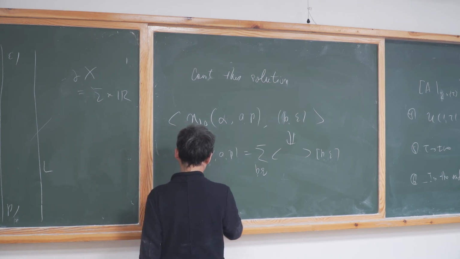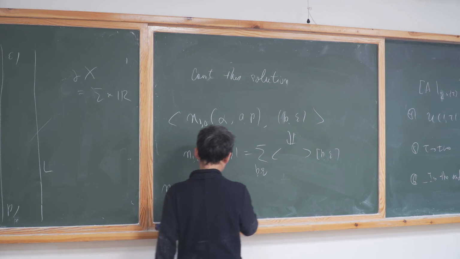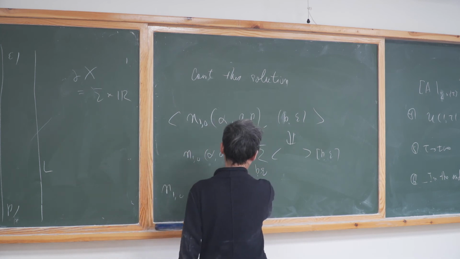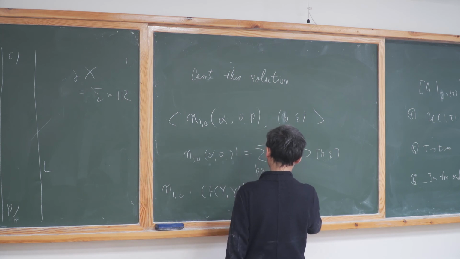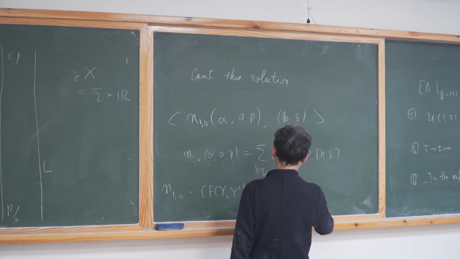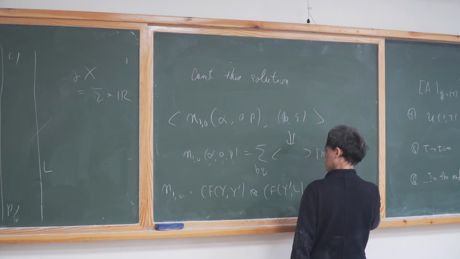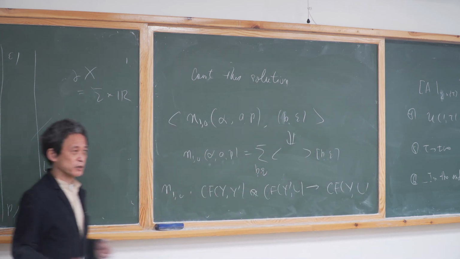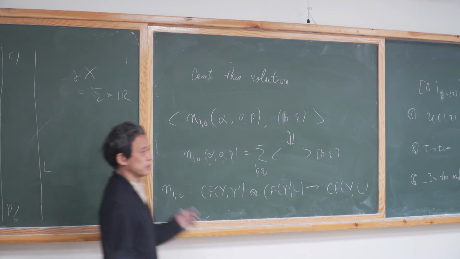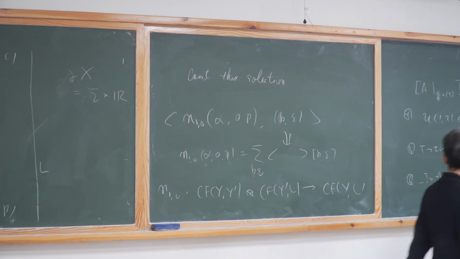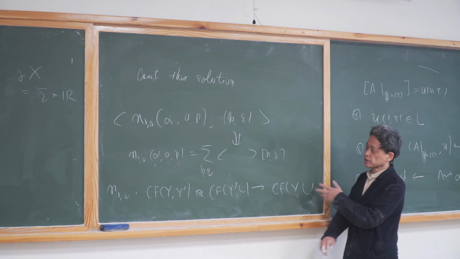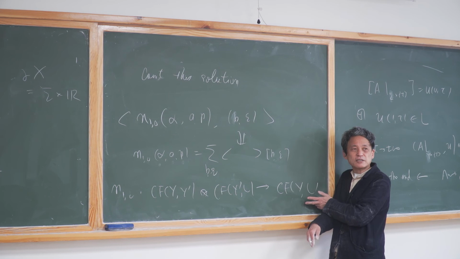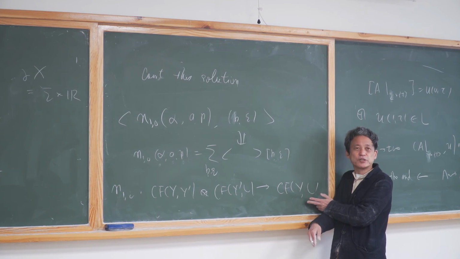Alpha lies in the Floer chain complex of Y prime, and this guy lies in the Floer chain complex of Y prime, L, and it goes to the Floer chain complex of Y, L. So this is a correct map, and this gives a left module. And something I need to prove is that this respects the boundary operator. But that is a reasonable proof in Floer theory.